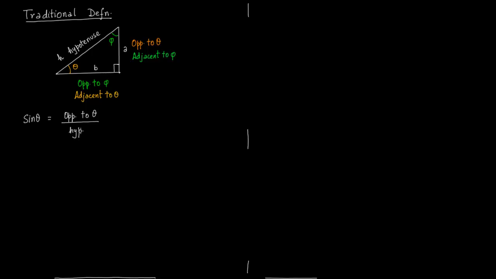So opposite to angle theta we have denoted by A, so we say A, and hypotenuse is denoted by h, so we write A by h. Definition of cos theta is side adjacent to theta. So side adjacent, I am writing AD for adjacent, adjacent to theta divided by hypotenuse. What is adjacent to theta? It is B, and hypotenuse is h.